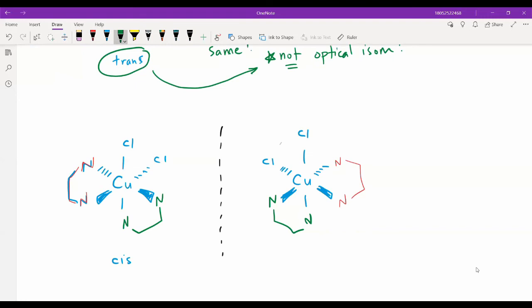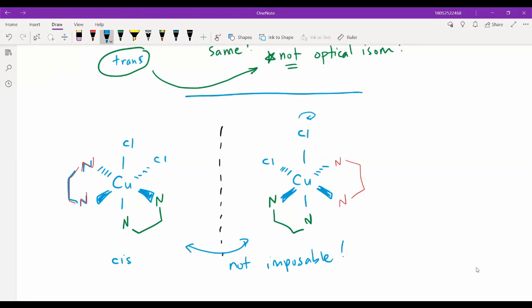But if you take out the one on the right and try to rotate it around, it will not superimpose on that. I can try to spin this in whatever way I want or flip it around, any kind of transformation. These are not superimposable. So they're different.